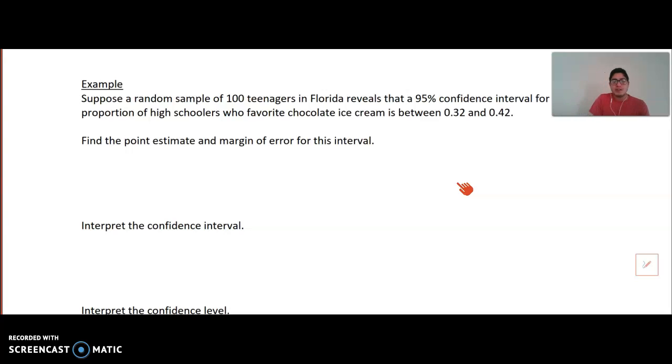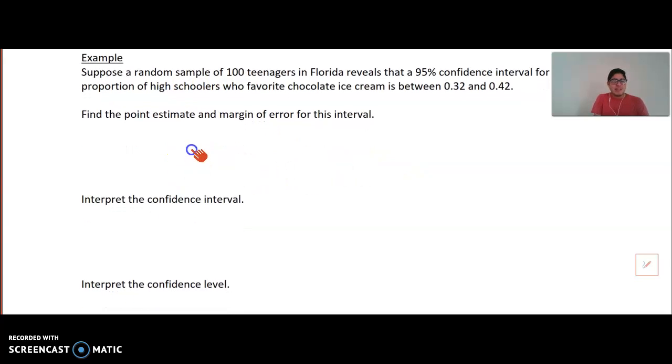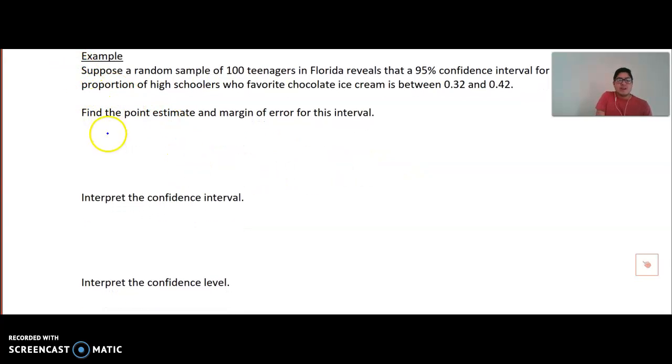Well, we have this interval here between 0.32 and 0.42. Now, the point estimate would be in the middle there. So to find the point estimate, since we're working with the proportion, recall that we're doing p hat plus or minus the margin of error. I'm just going to put margin there.